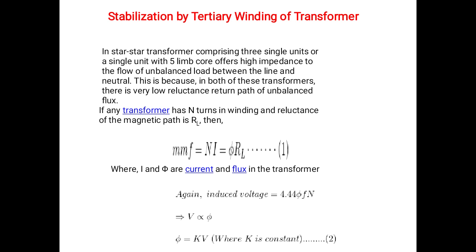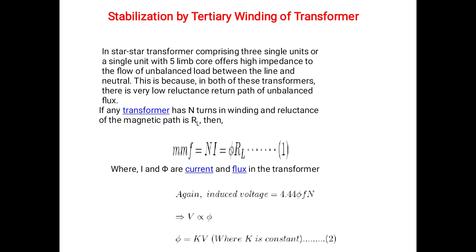We know that a star-star transformer comprising 3 single units, or a single unit with a 5-limbed core, offers high impedance to the flow of unbalanced load between the line and neutral. This is because in both of these transformers there is very low reactance in the return path of unbalanced flux.